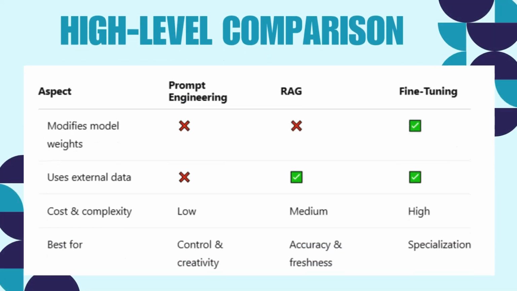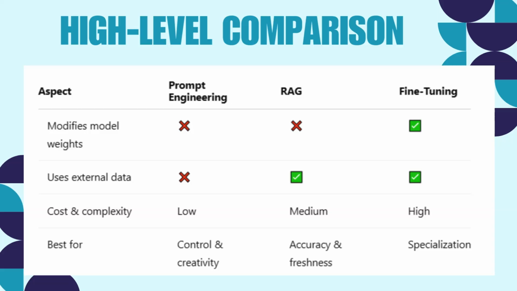Let's start by understanding why these techniques are important. Prompt engineering allows us to give models explicit instructions on how to behave. With clear and well structured prompts, we can shape model behavior precisely without investing in expensive training or complex retrieval systems.